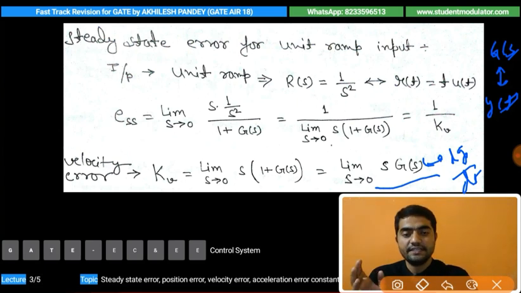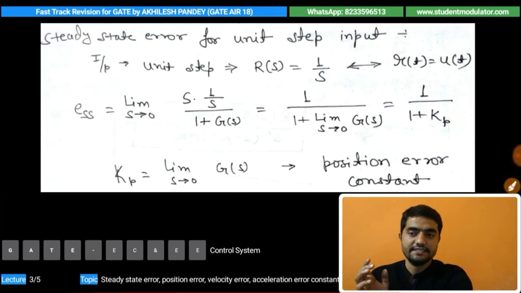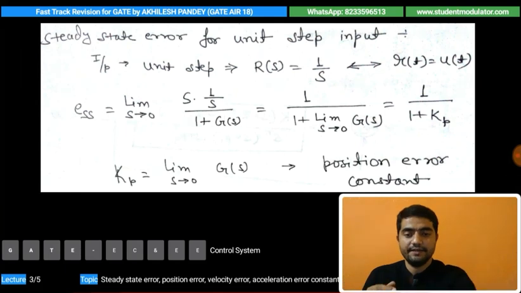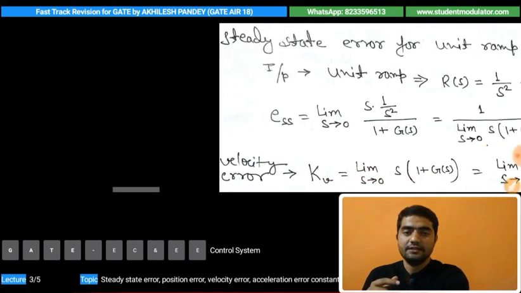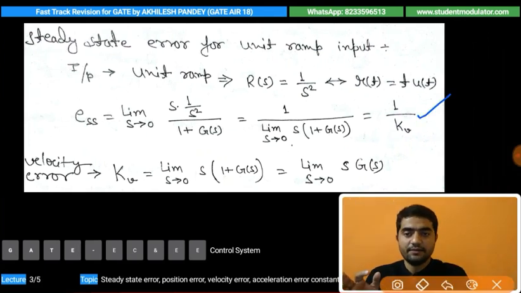In the position error constant, the final steady state error formula was ess equals 1 upon 1 plus Kp. We can see here 1 upon 1 plus Kp. But in velocity error, what is the formula? In velocity error, the formula is 1 upon Kv directly, because the one part has already become 0.